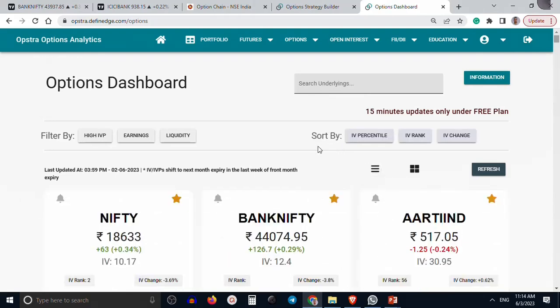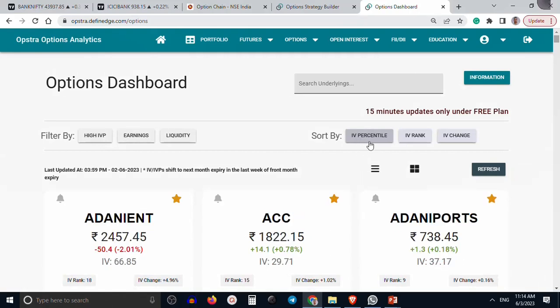You can see this is sorted by implied volatility percentile. Once we click on implied volatility percentile, it automatically shows which stocks have a high implied volatility percentile. Ideally, we need more than 50 implied volatility percentile.